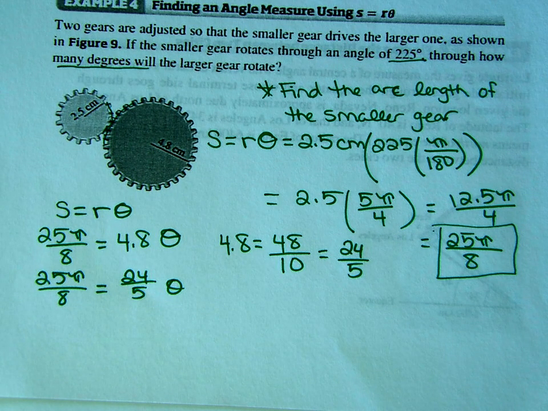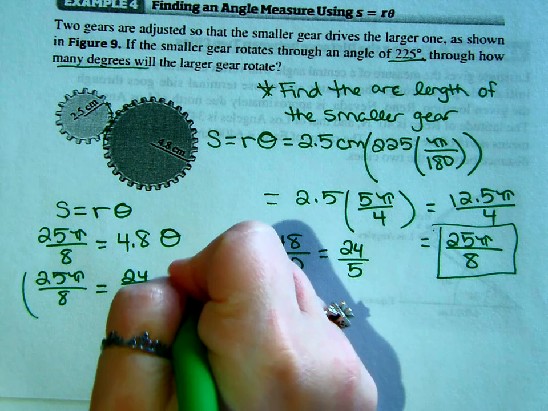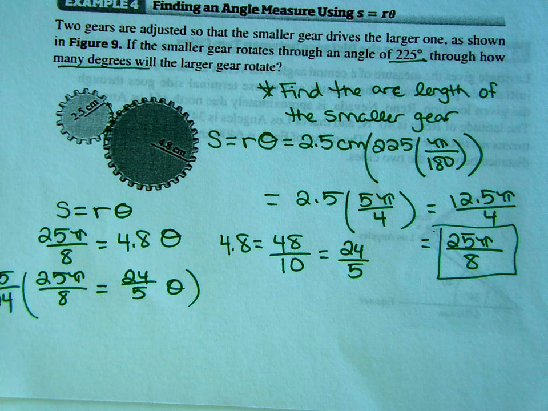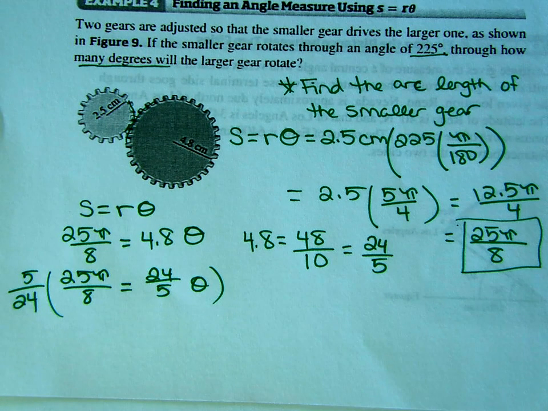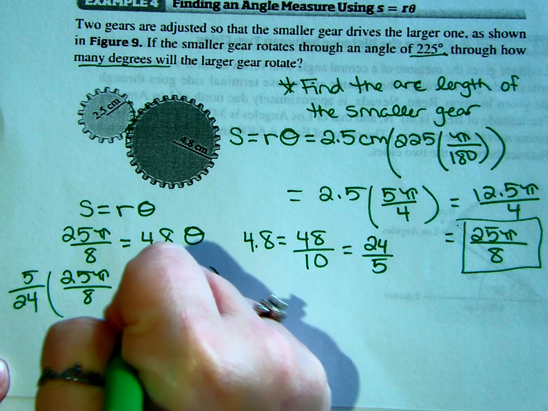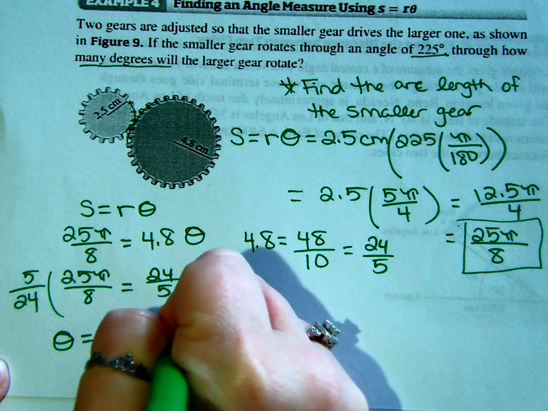To solve for theta, I would multiply both sides by 5/24. Because that'll cancel. Sorry, that went off the screen a little bit. When I do that, I find that theta is 125 pi over 192.